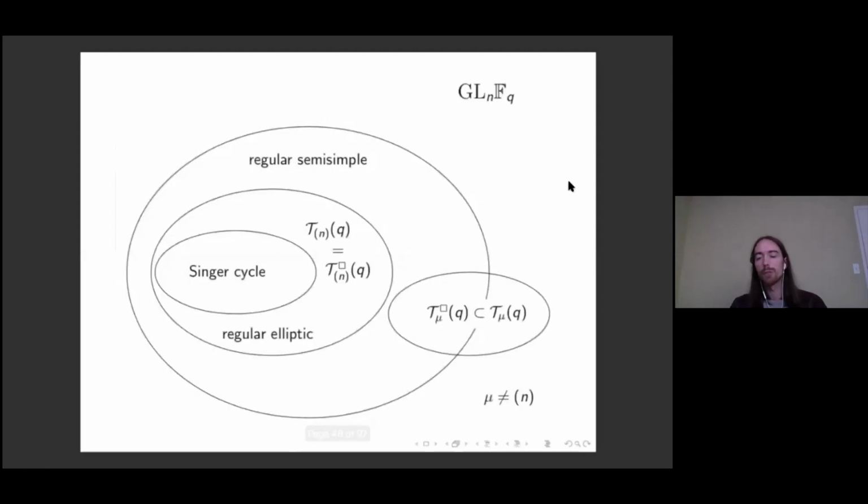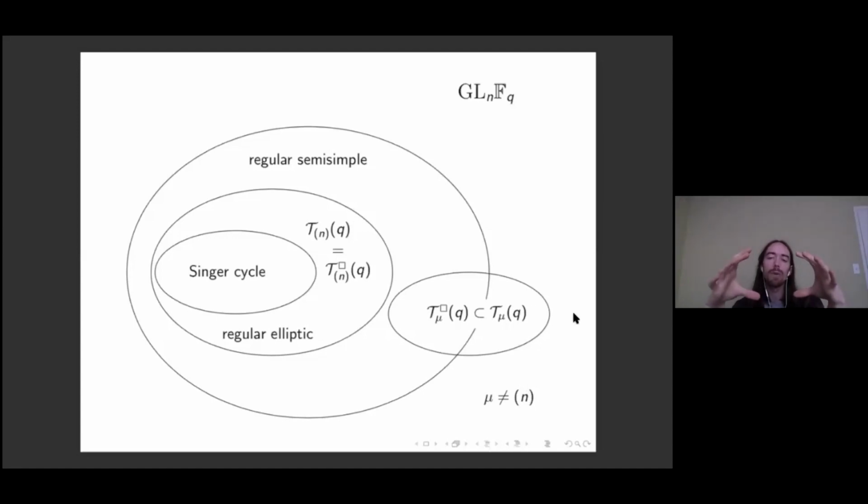So here's a picture of what's going on, a little bird's eye view. The whole screen is GLN(F_Q). This largest bubble in the Venn diagram, I guess it's not really a Venn diagram, but the largest bubble is the regular semi-simple elements. So as Q gets big, that's most of the screen. Zooming in a little bit, we have the regular elliptic elements that we just talked about, containing the Singer cycles. And then off to the side somewhere, if mu is not that one-part partition n, then we can think about cycle type mu elements.